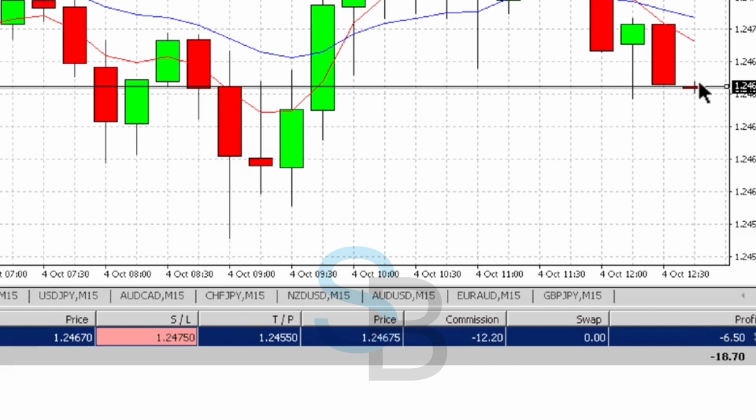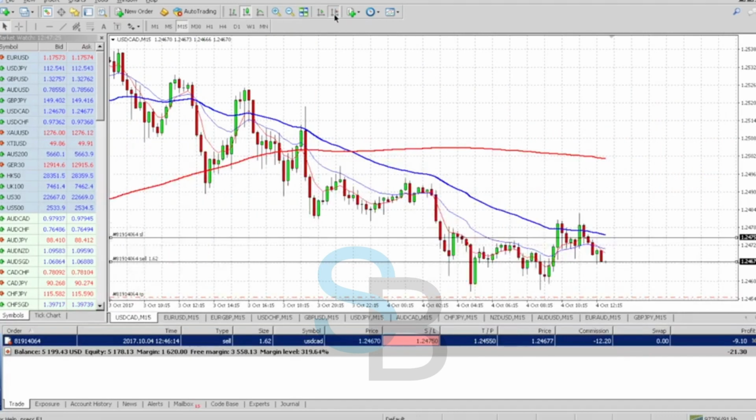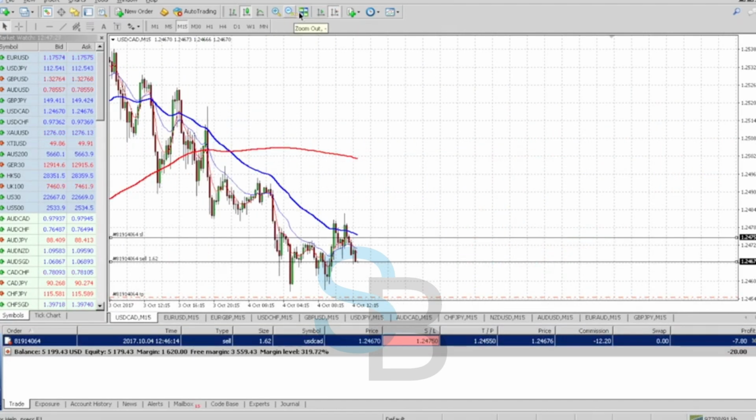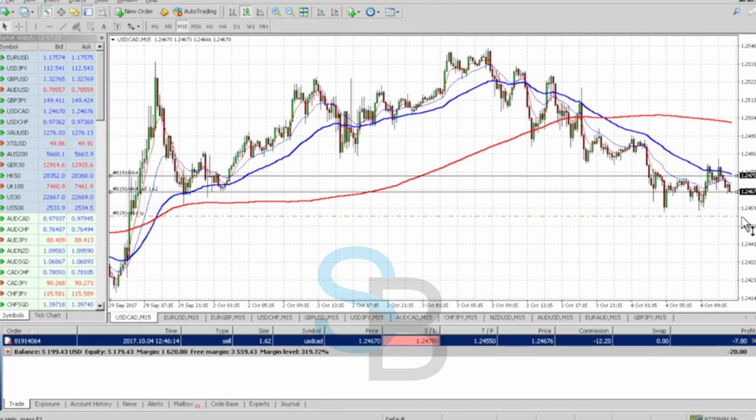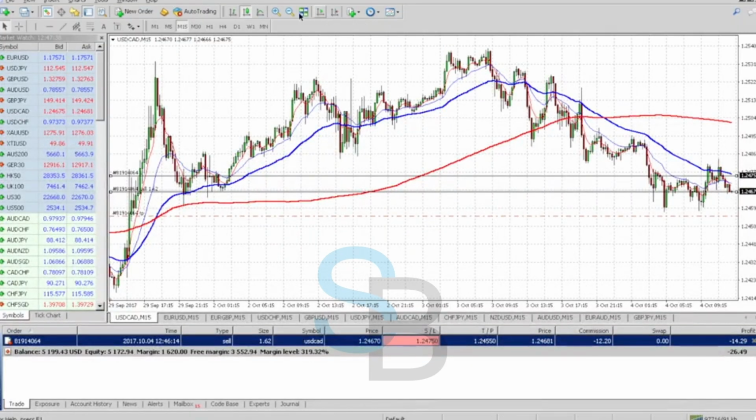Currently, it's not gone down yet, so it's still a negative unrealized profit. If I zoom out, you can have a better look. This is my entry, my stop loss, and my target price. So if it hits the target price, I get 1.5 R. If I hit the stop loss, I minus 1 R.